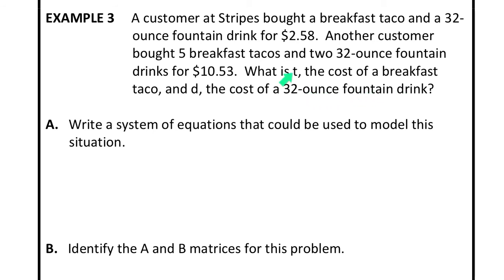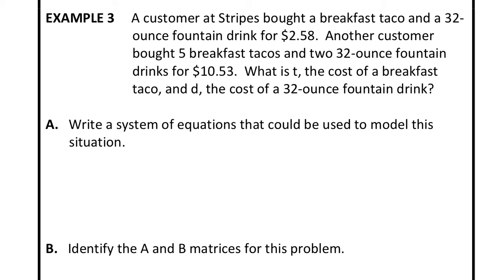Okay, so T for taco, D for drink, right? Write a system of equations that could be used to model this situation. Okay, so I have a couple sentences here talking about what they're buying and how much it's costing, right?